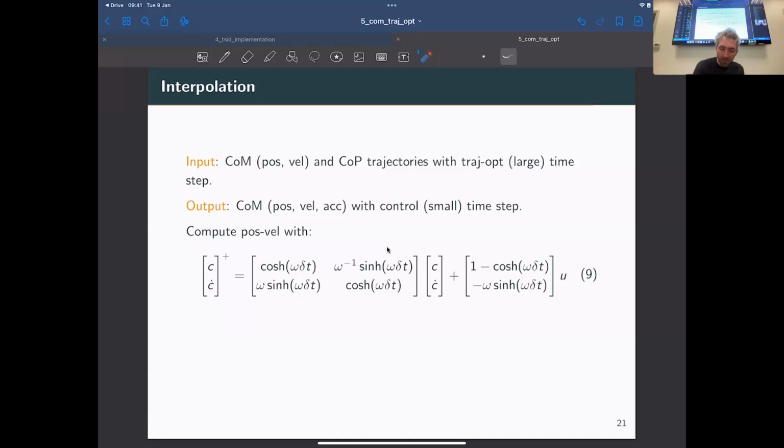So we simply use here as dt the time step of TSID, so a few milliseconds. And we plug in here the computed COP value. We plug in here the value of the center of mass at one point in time, and we compute then all the intermediate values by computing this expression in a loop a few times.